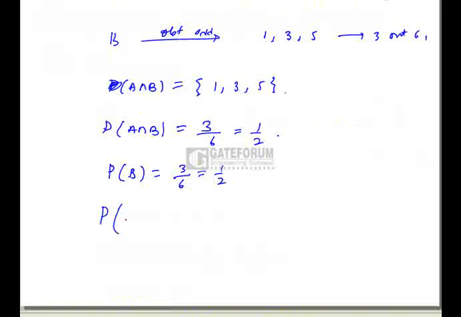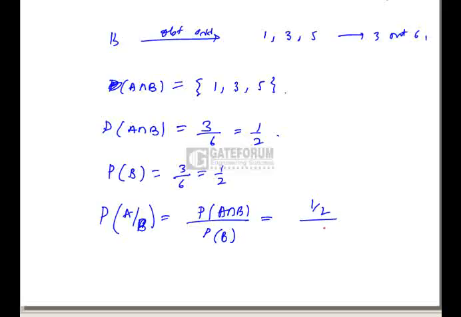Now, let us calculate the value of P of A given B. We know that P of A given B is nothing but P of A intersection B by P of B. Let us substitute these values. P of A given B is nothing but 1 by 2 by P of B, which is 1 by 2. So the value is 1. Hence option A.